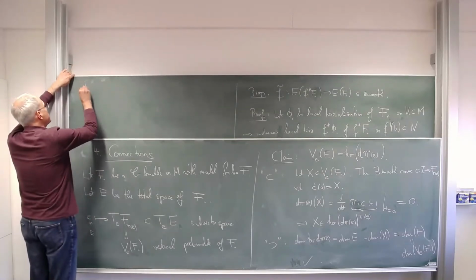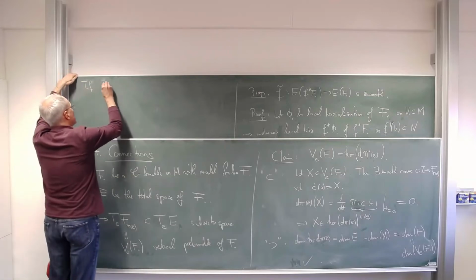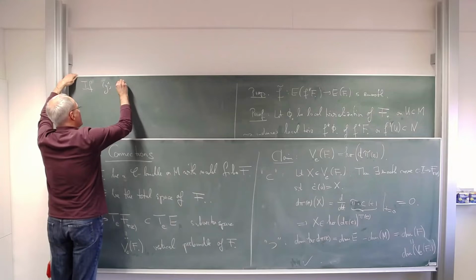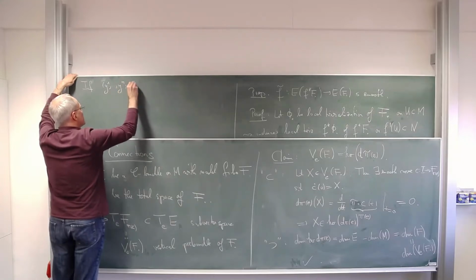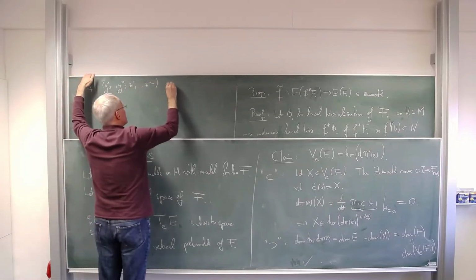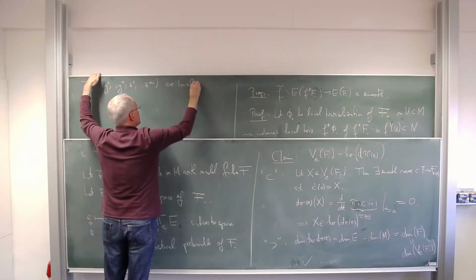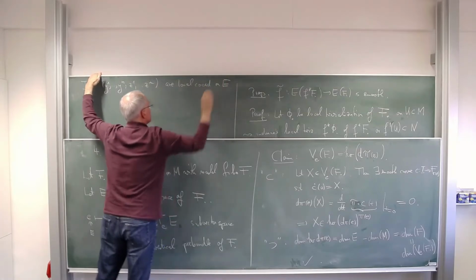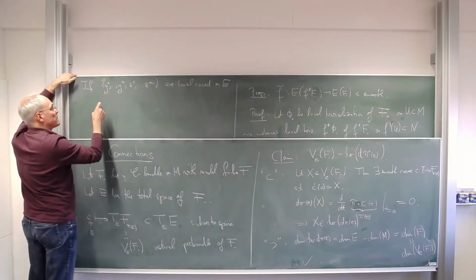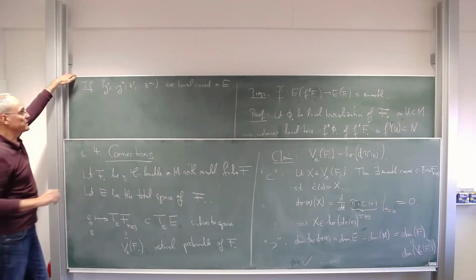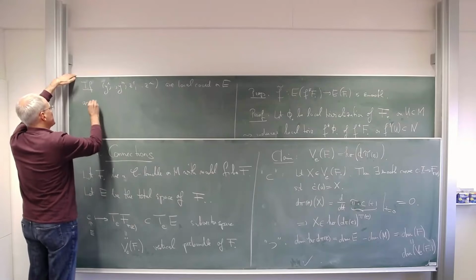So if y1 up to yn, z1 up to zm are the local coordinates on E, induced by coordinates on M and the fiber, and the local trivialization as before, just write as before.